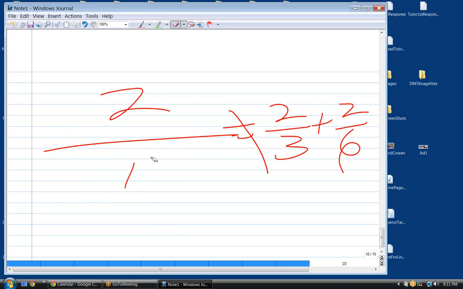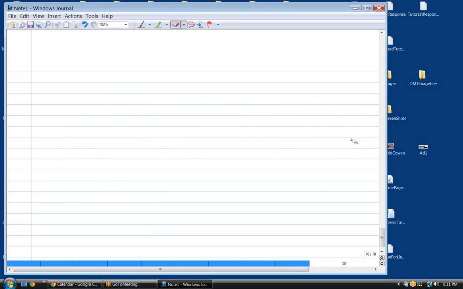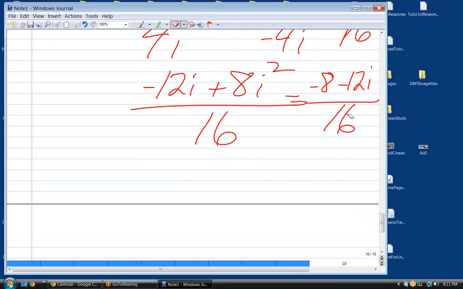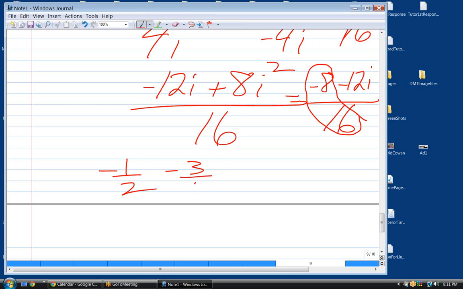So in our problem, we had a denominator that was just 16. So I'm going to split this up into minus 8/16, which is minus a half, and then minus 12i over 16. Well, 4 goes into that 3 and 4, so that's minus 3/4 i. So there's our answer in proper format.